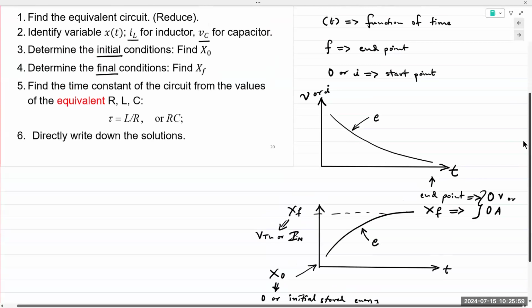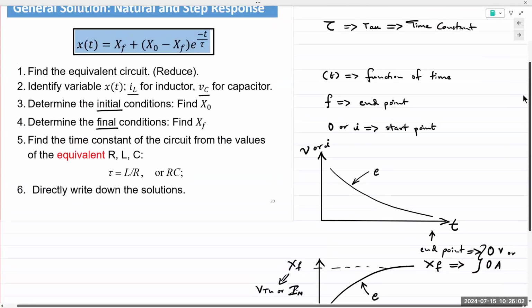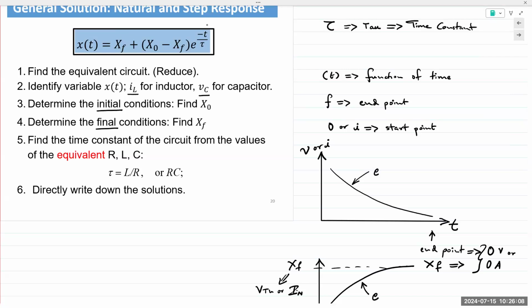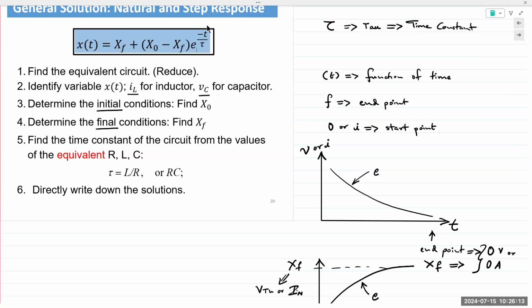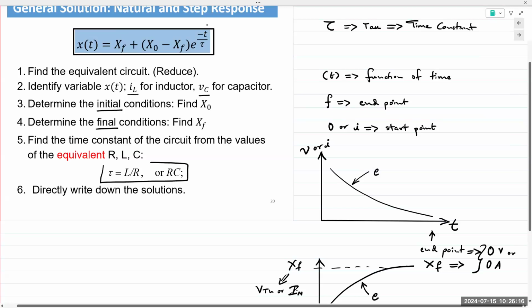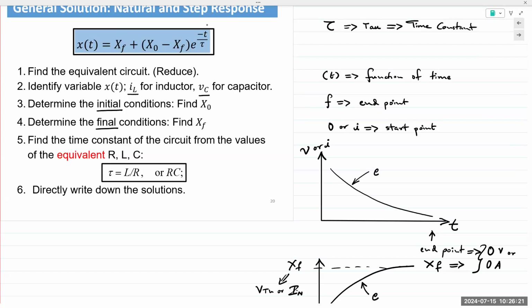Then e raised to minus t over tau describes the charging or discharging speed, or actually, tau describes the charging or discharging speed. t is the variable, and tau is a constant that depends on the values of the components in the circuit. It is describing the rate of flow of energy, the speed of the energy transfer. How fast or slow is the energy being transferred between the circuit and the components.